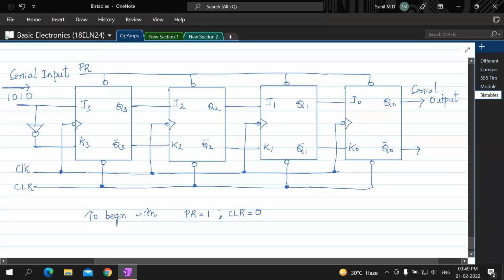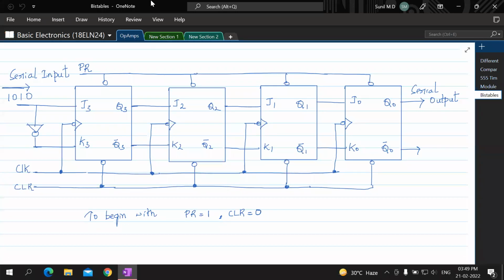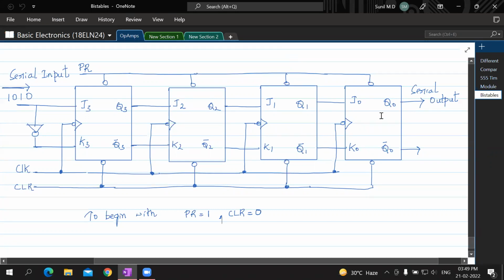What should happen to the output of these flip-flops? Can you tell me? What should happen to all the outputs? Because it's the common preset to all the flip-flops and common clear to all the flip-flops. So clear is 0, preset is 1. That means it is not getting preset, but it is getting cleared because there is a bubble. So it's negative logic. So all the outputs are cleared.